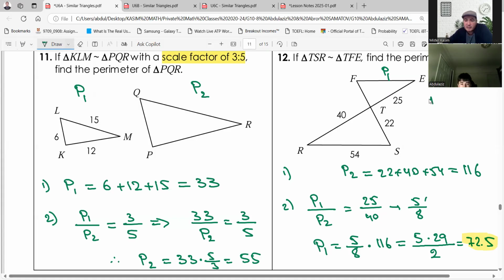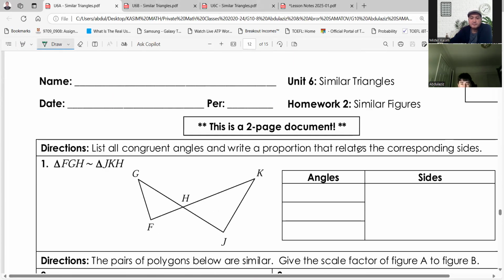Because TE corresponds to TR. That's 25 over 40. So these are corresponding sides. Okay? All right. So we have to practice more questions with you. All right, let's continue.